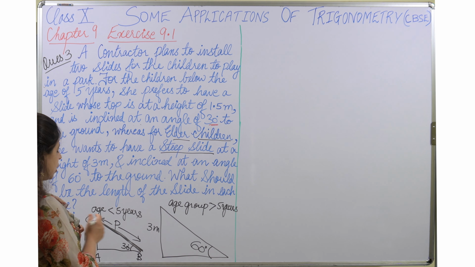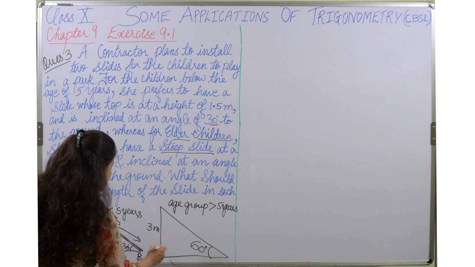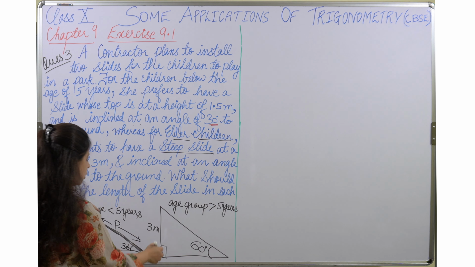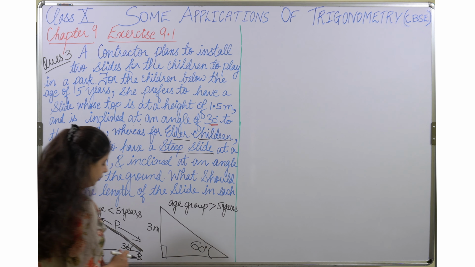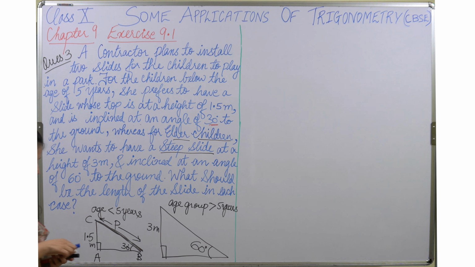So this would be 90, this would be 90. This is the figure for the slide of the age group greater than 5 years, the elder ones.